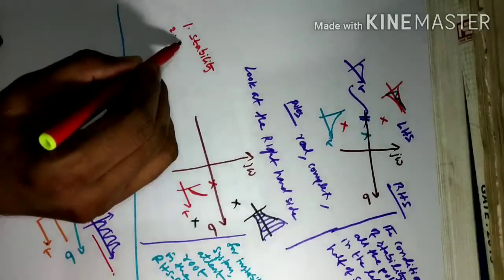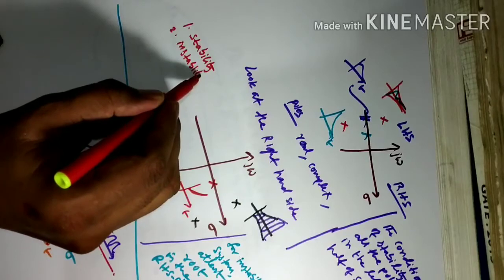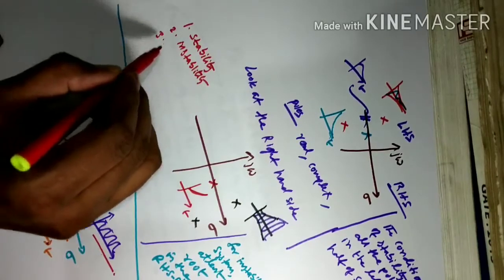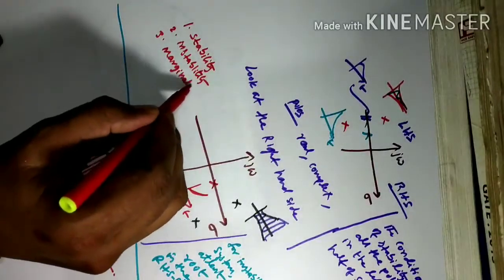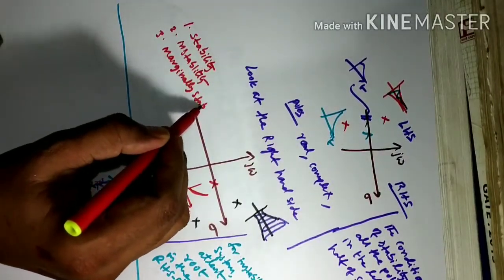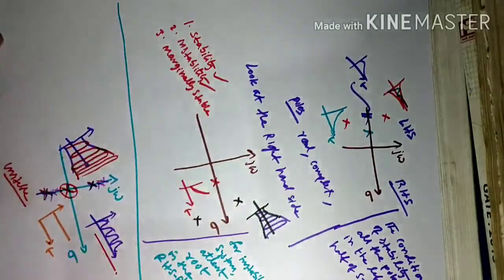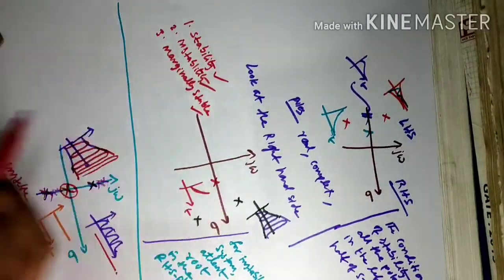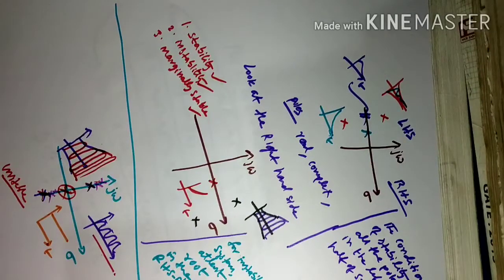The third one is marginally stable. I have explained what stability is and what instability is, and now I am going to discuss the marginally stable system.